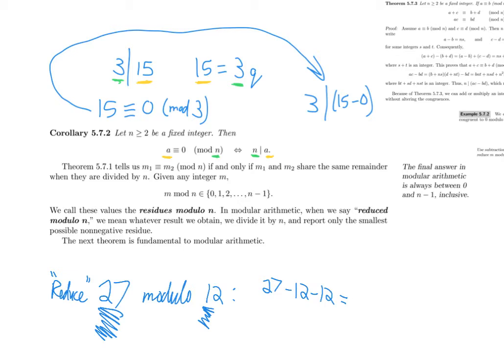And what does that end up being? It ends up being 3. This is a beginner's way of doing this. The more advanced way is to apply the division algorithm to 27 and 12. And what you get is your remainder will always be between 0 and 11 inclusive. And so 27 is congruent to 3 mod 12.